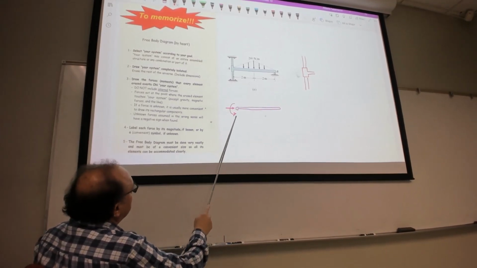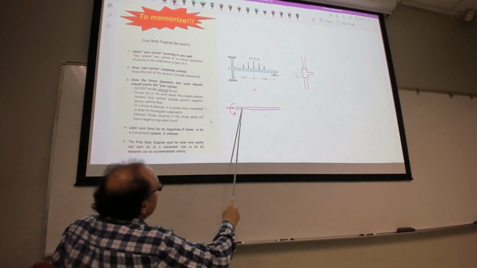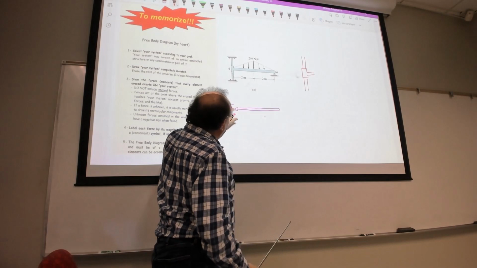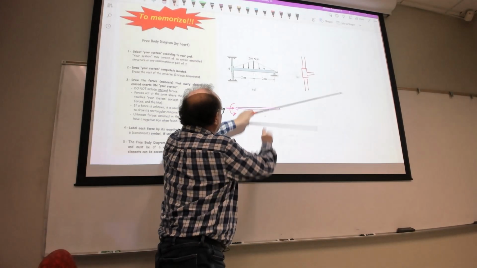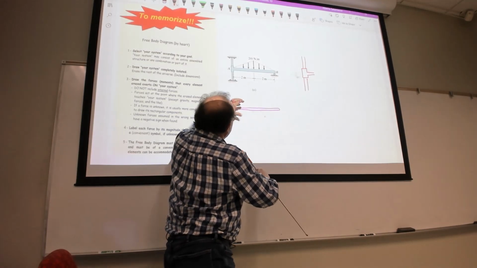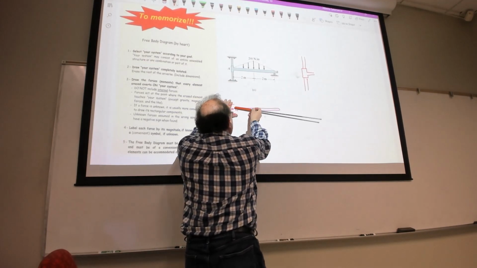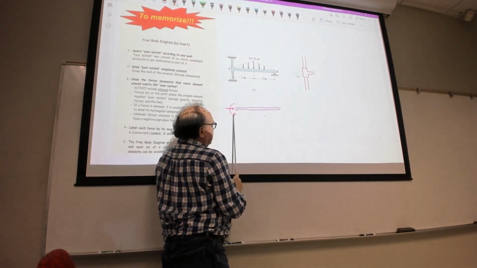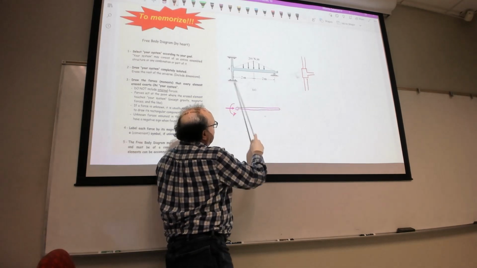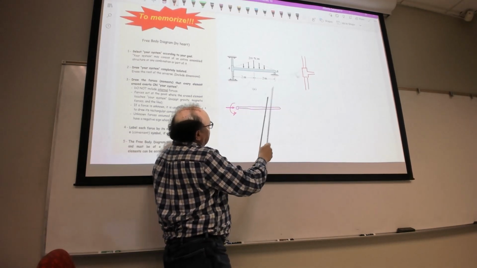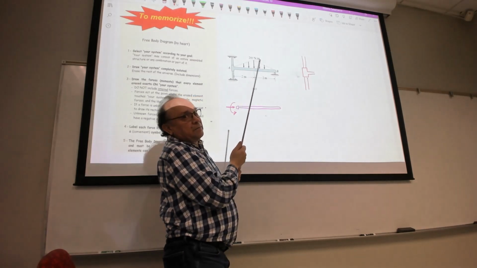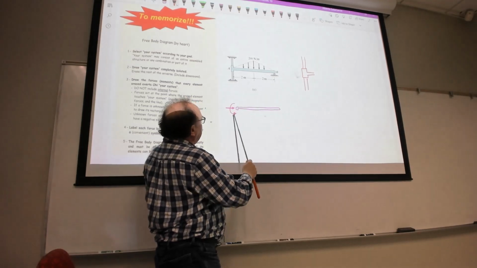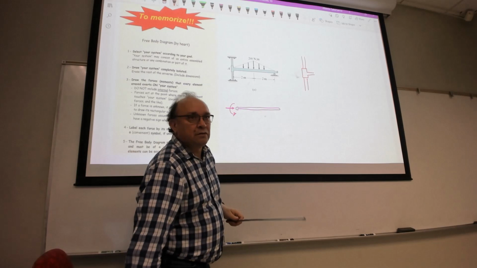So I put this moment here, indicating that if this beam tries to rotate like this, there will be a moment not allowing that rotation. If I try to do this, the moment will avoid that motion. We don't know the direction of this. It will depend on the tendency of these two rotating in one direction or the other. The equations are going to tell us that. At the beginning you don't know, so you just put any direction, and if the result gives you a negative answer, it means that this is in the other direction. Okay?